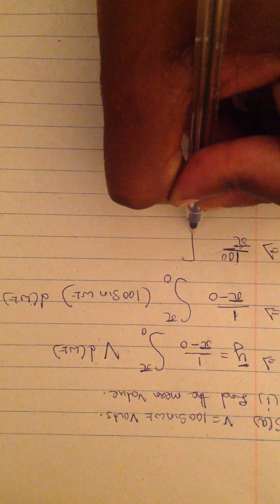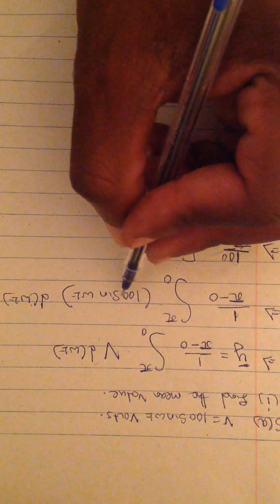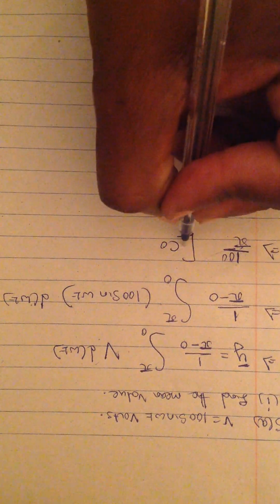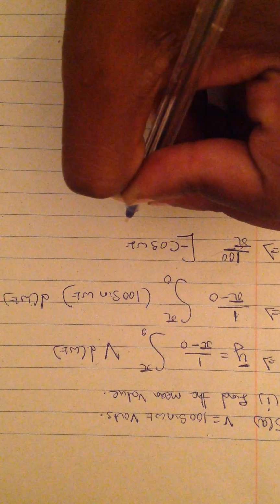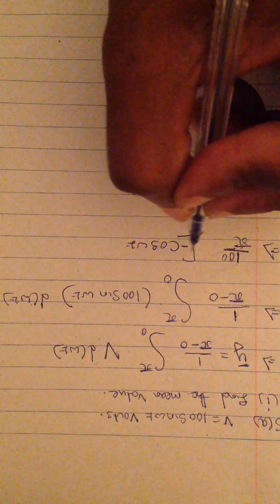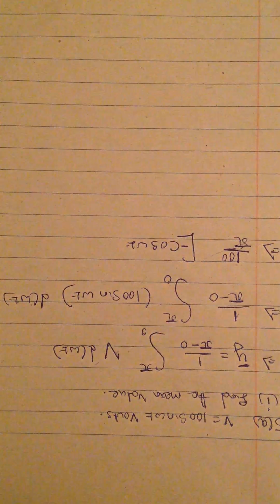When you integrate sine, it becomes negative cos, so negative cos omega t. But when you differentiate, cos becomes negative sine. When you integrate, sine becomes negative cos. You are supposed to know these things.